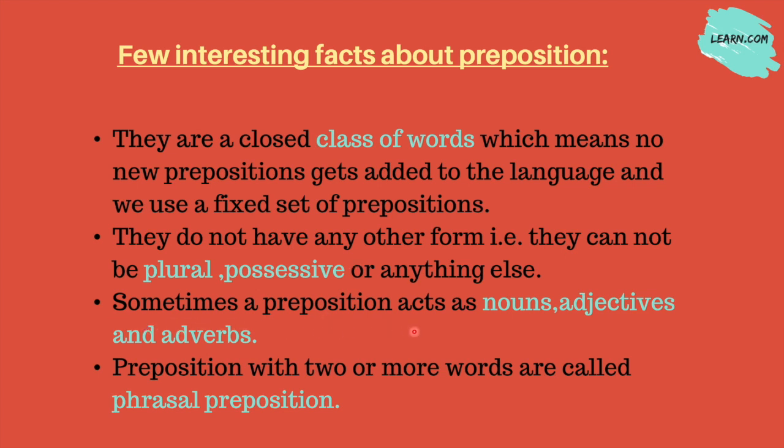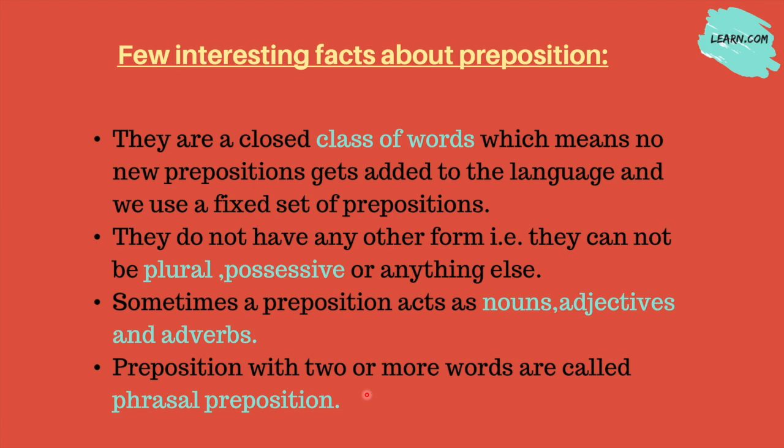Sometimes a preposition acts as a noun, adjective, or adverb. That depends on how it is used in the sentence. And finally, prepositions with two or more words are called phrasal prepositions, which we are going to cover at the end of the final video. A phrasal preposition is nothing but a combination of two or more prepositions.